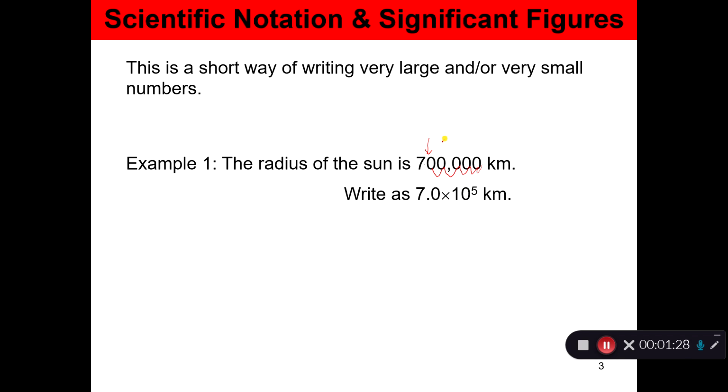Or if we can measure to the second and third digits, then we can write 7.00 times 10 to the power 5 kilometers. So depending upon how precisely we can measure, we can put a number of digits behind this decimal, but in front of the decimal there should be a single digit.